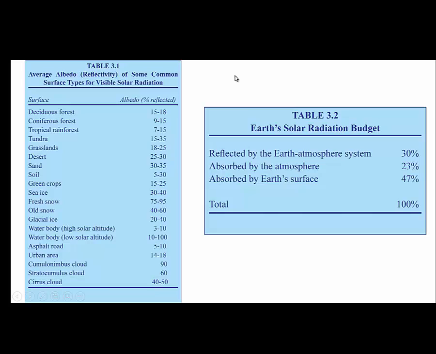So over on table 3.2 here, you can see that it's indicating 47% of shortwave solar radiation is absorbed by Earth's surface. I like to round it off to 50 because that's just an average anyway. You can see that about 23% is absorbed by the atmosphere, and then you can see that about 30% is reflected out of the atmosphere.